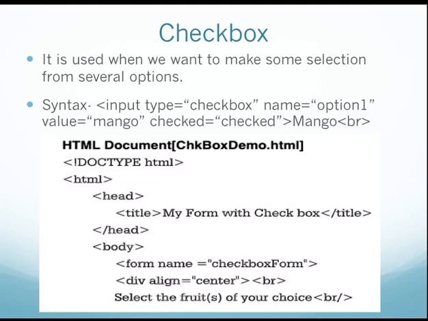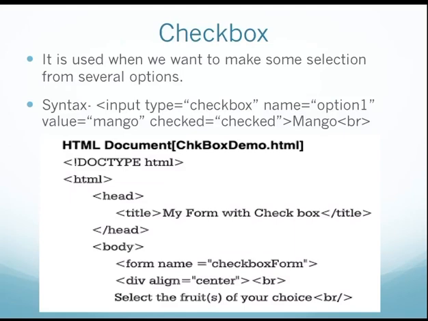Okay, so first doctype HTML, then your HTML tag, then write the head tag, then the title I have given as my form with checkbox, close the title tag, close the head tag, open the body tag, then write down form. What is the name of the form? Checkbox form. I've given the name of the form over here.